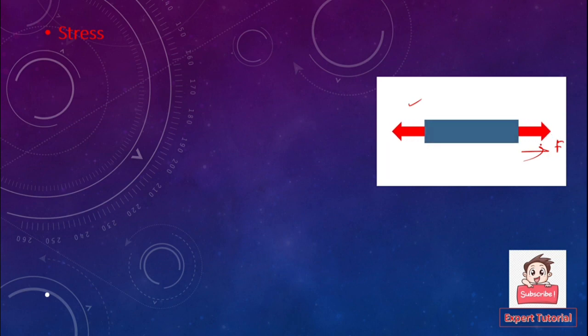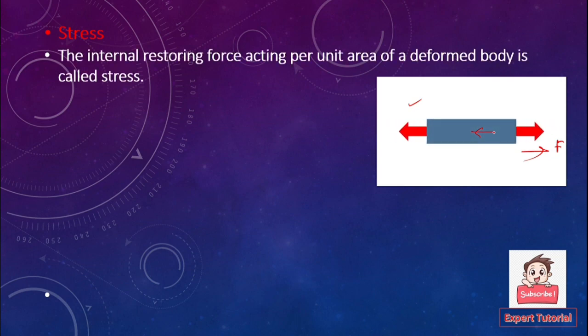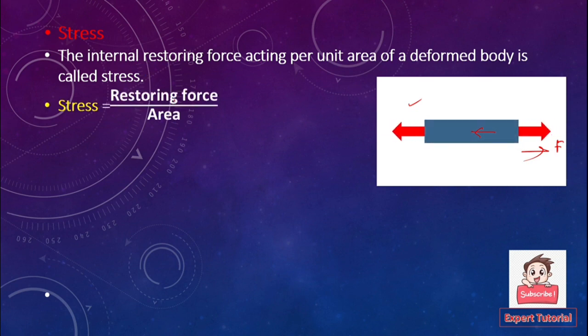Whenever I am applying a force, another force develops in the opposite direction, due to Newton's third law. This particular force is known as the restoring force. And what will be the definition of the stress? The stress is nothing but the ratio of the restoring force per unit area.